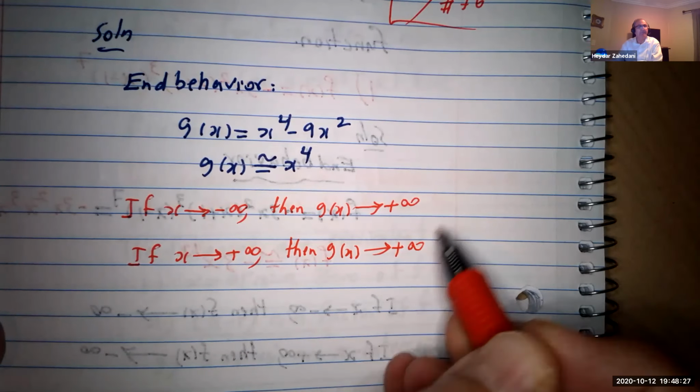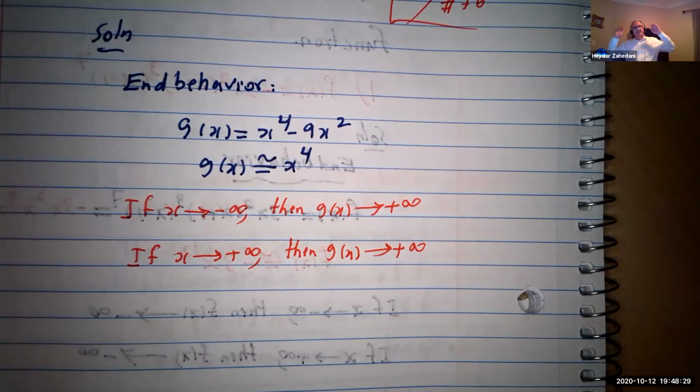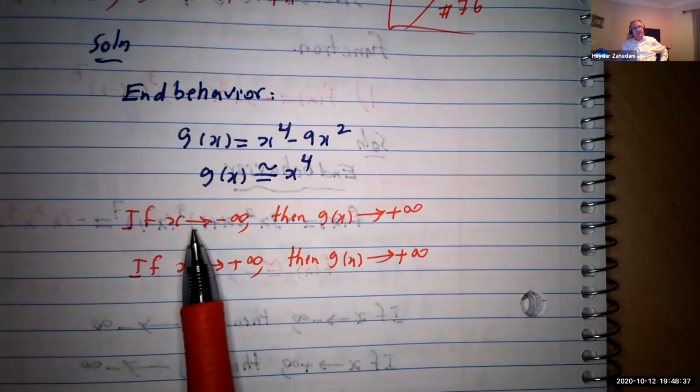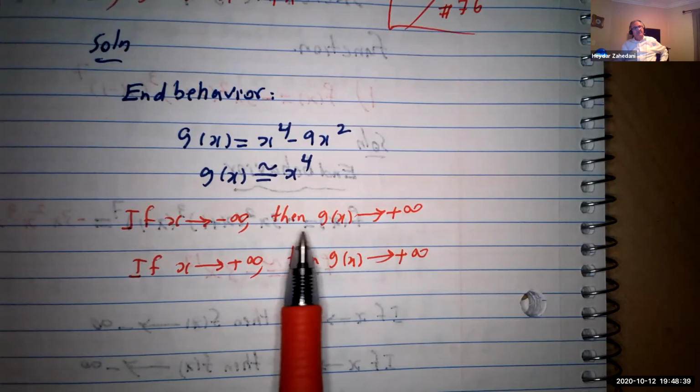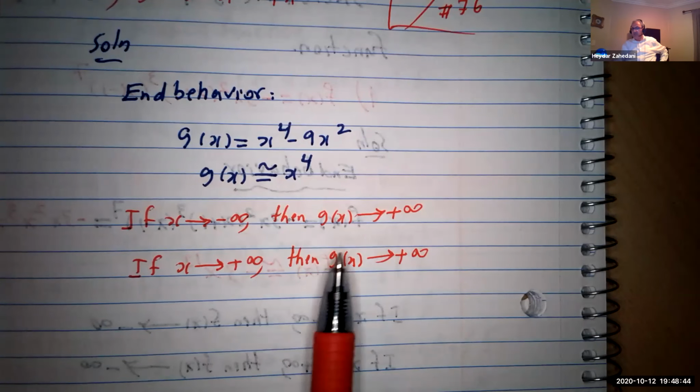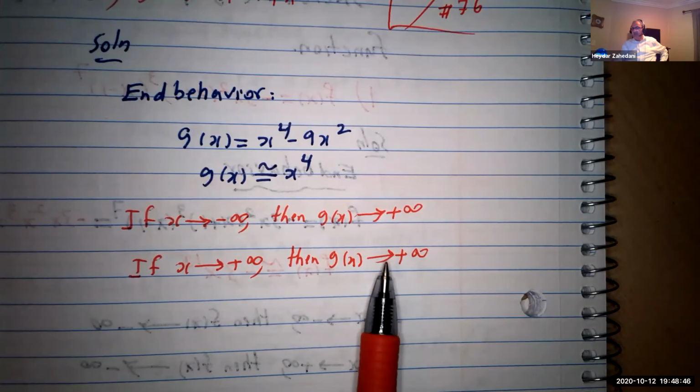So it's up, up. In both cases y is positive. You start in the second quadrant, and you end up in the first one because it's up, up. Any question?